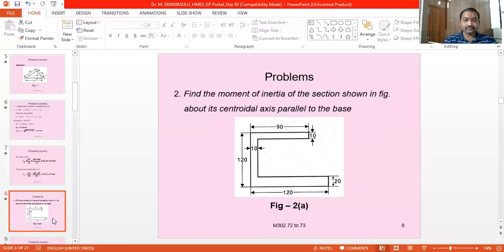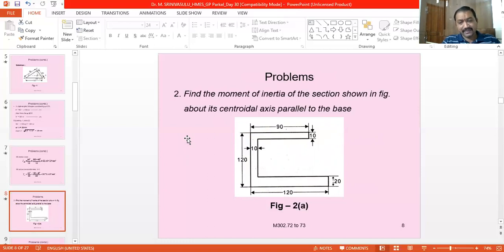Now we have to take down the problem. Find the moment of inertia of the given non-symmetrical C section as shown in the figure about its central axis parallel to the base.